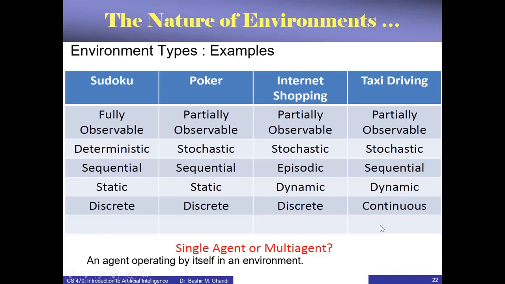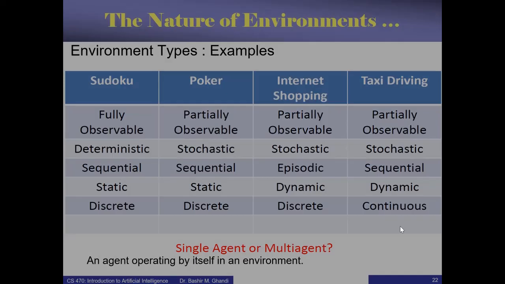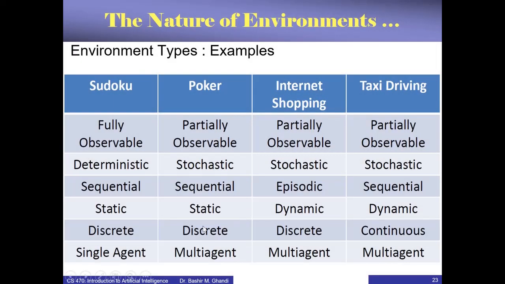But in any case, taxi driving is a multi-agent environment. So that's what we have here. Only Sudoku is single agent, and the rest are multi-agent. So the idea is basically to show you, depending on the agent you are talking about, how you categorize the environment for that agent in terms of the different dimensions that we have discussed.